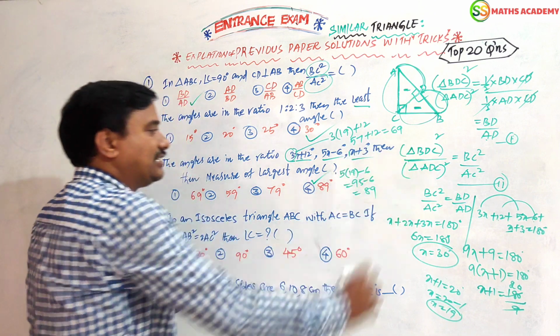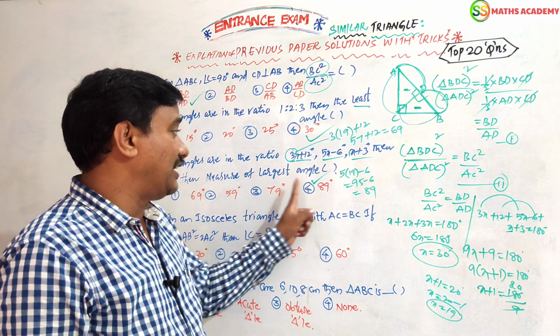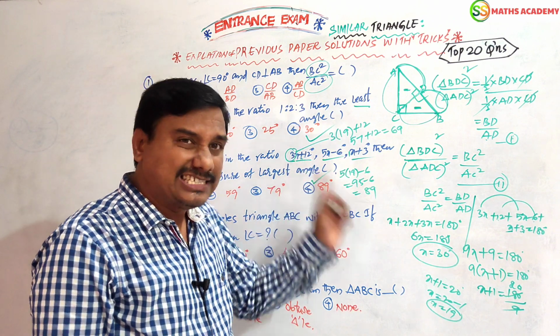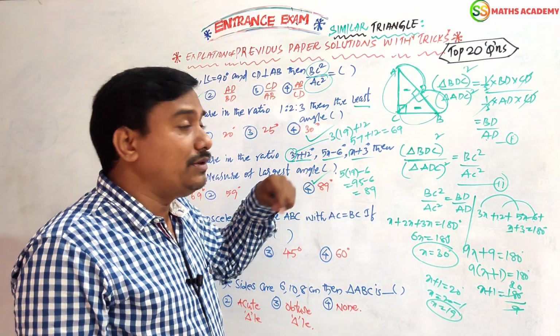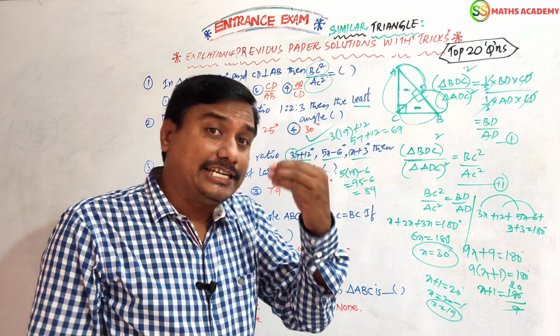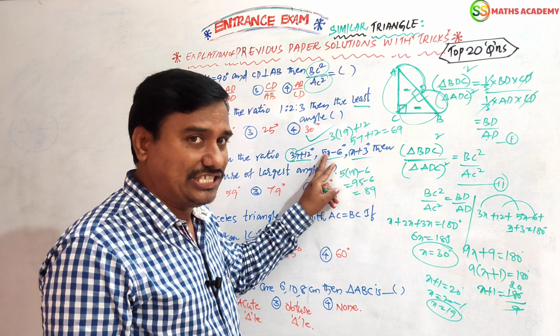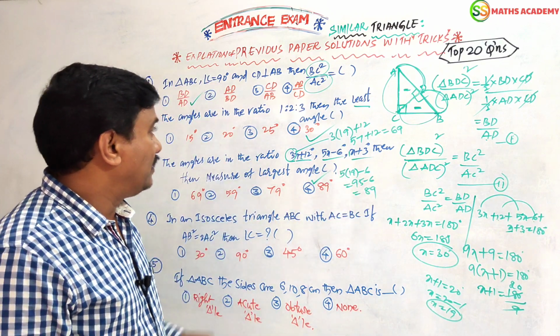So 89 is the largest. That is the answer. If you substitute, the one with the bigger coefficient is the largest angle. Approximately, the angle with the maximum x coefficient, maybe 99.99%, is the largest angle. You can do direct substitution here. 95 minus 6 is 89. This is the answer of the third question.